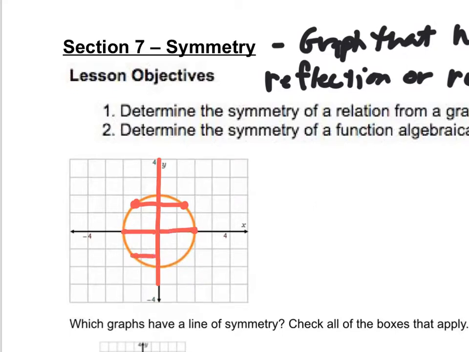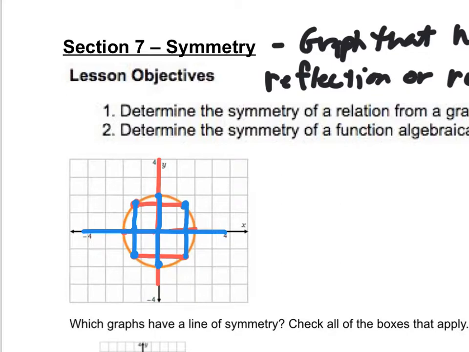With the circle you have an infinite number of lines of symmetry, but here we'll just talk about a couple. It also has a horizontal line of symmetry, and those points are reflected over that line of symmetry to create the other points.